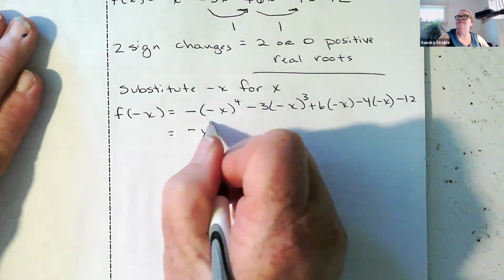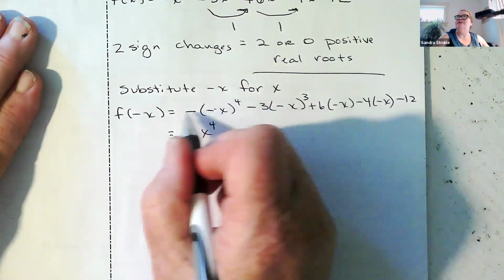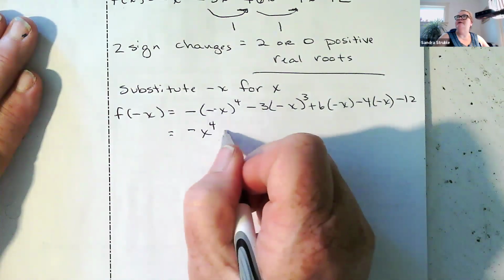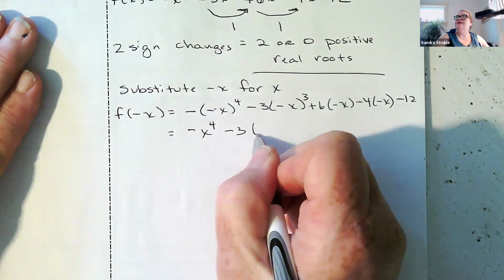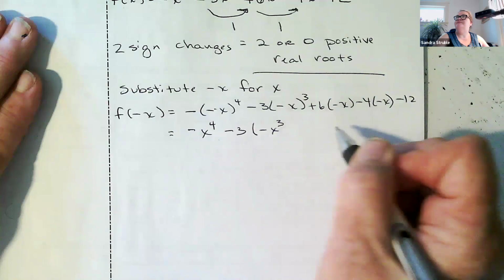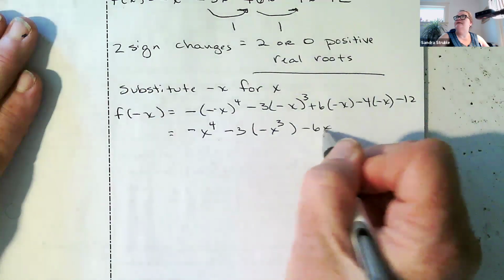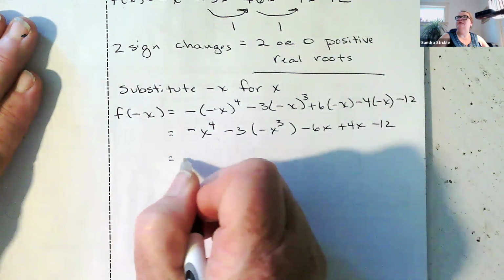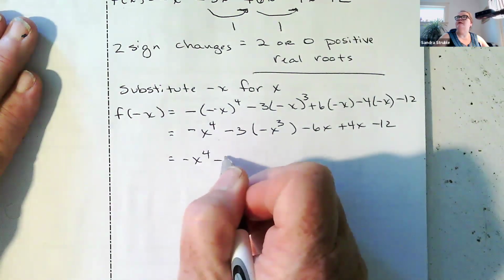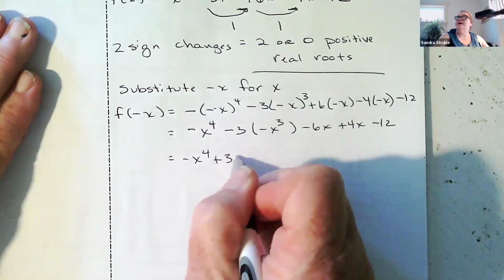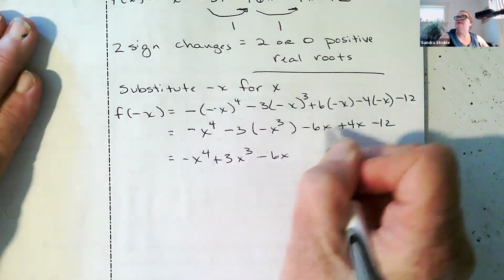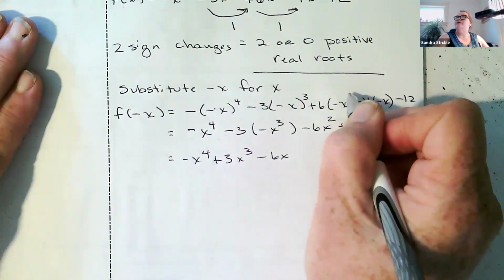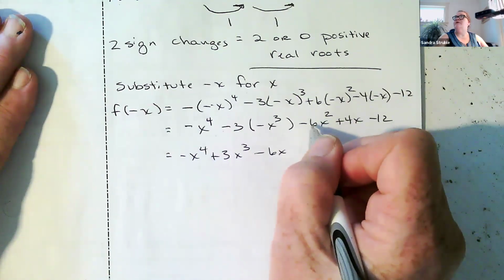Negative x to the fourth, because this becomes positive times the negative is negative, minus 3 times negative x cubed, minus 6x plus 4x minus 12 is negative x to the fourth plus 3x cubed minus 6x squared. Forgot the square.